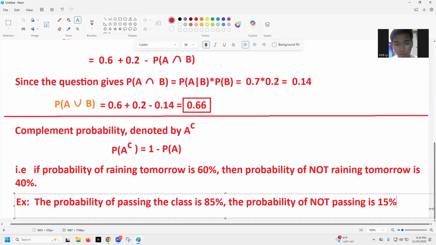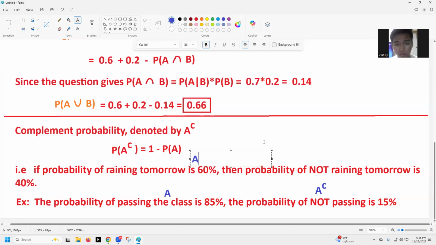So all we have to do is just take 1 minus that. So this is A^C, and this is what we call A. If A was 60%, the A^C has to be not A, it has to be 40%. So I can give you some examples for that.